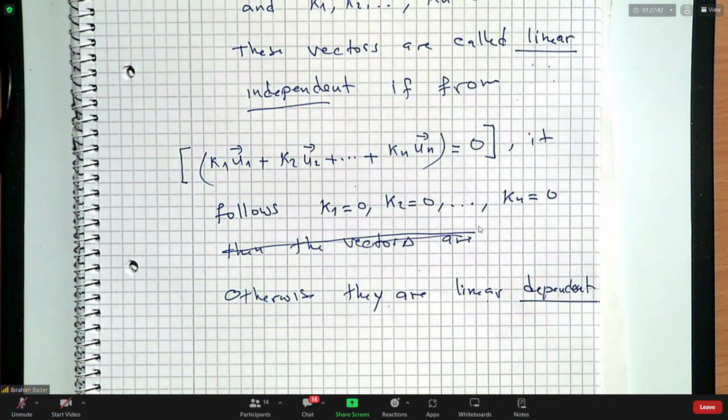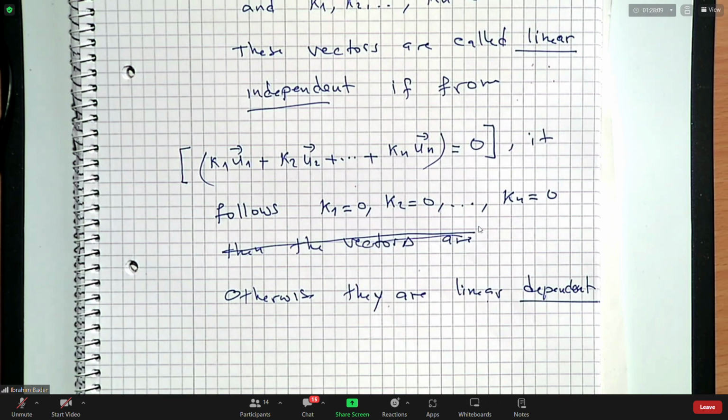Okay, now this is one way to show that the two vectors are linear dependent or independent. We are going to demonstrate this in maybe not this worksheet, but in the next worksheet, and also in the next class, how we can find out that vectors are dependent or independent.